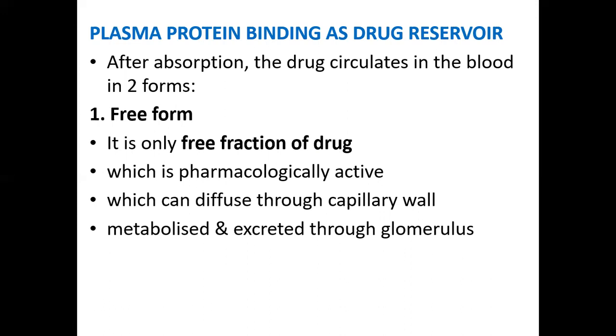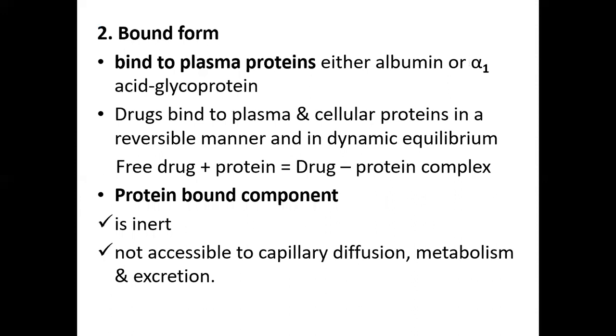So the drug after distribution, circulating in the blood, is in two forms, free form or bound form. The free form is the only fraction of a drug which is pharmacologically active. The bound form binds to plasma proteins, either albumin or alpha-1 acid glycoprotein.